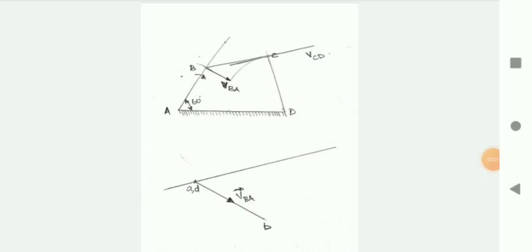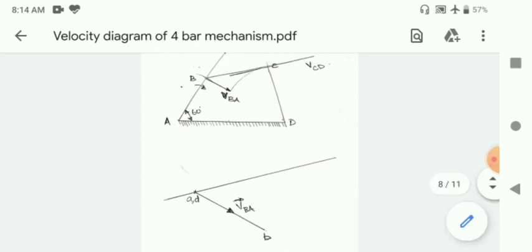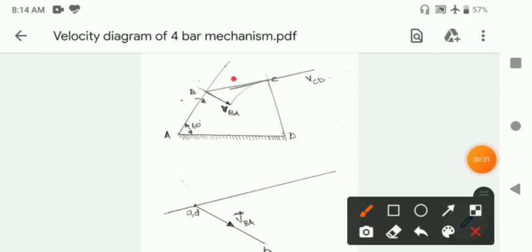So now we have considered first the driving link AB and the driven link or the output link CD. Now we will consider the connecting link BC. We know that the connecting link has a general planar motion, which is a combination of rotational and translatory motion.